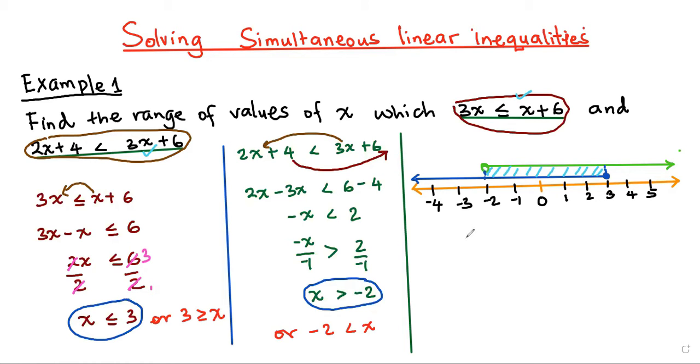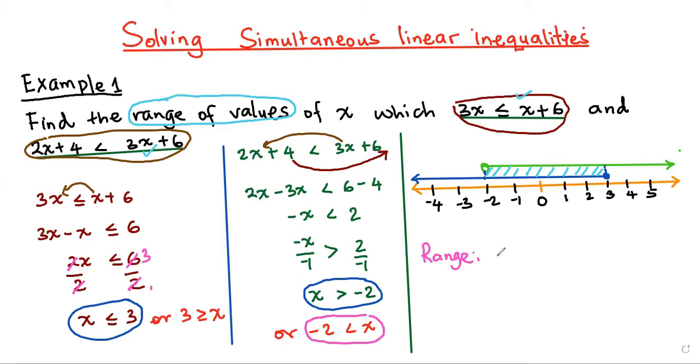Okay. So now remember the question says that we get the range of values. Now let us show the range. The range will be that I have x is more than negative 2. Remember, I told you that x is more than negative 2 is the same as negative 2 is less than x.